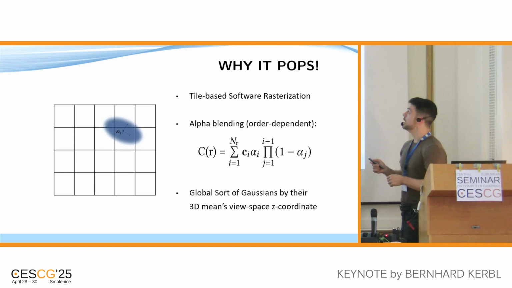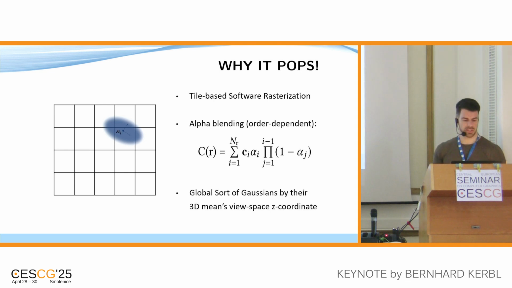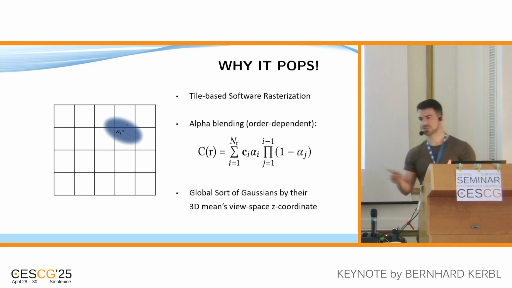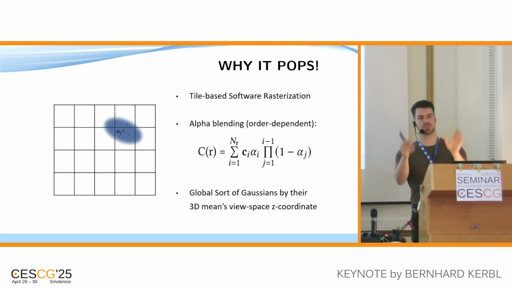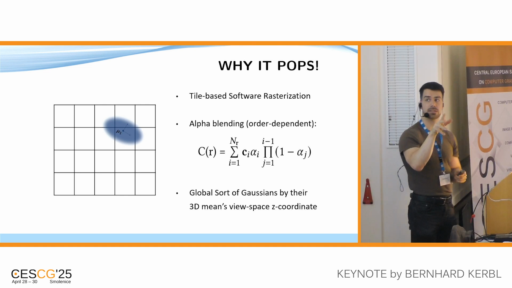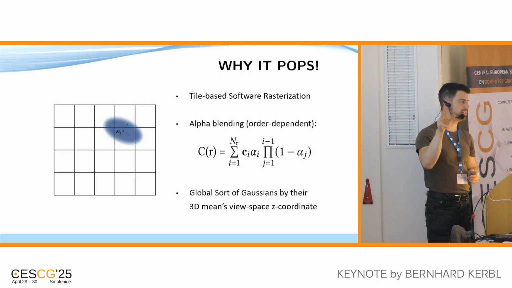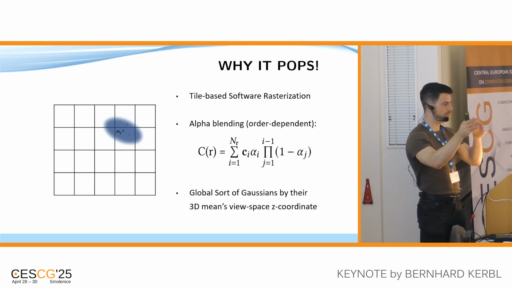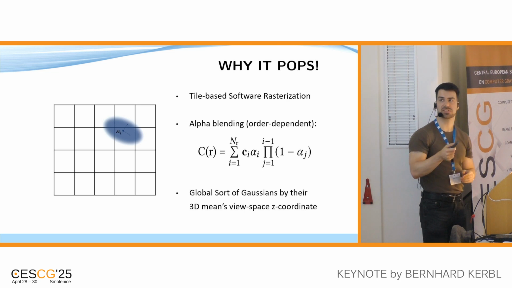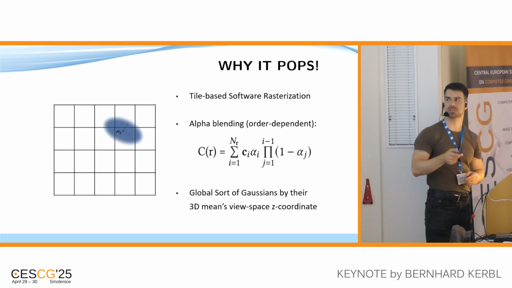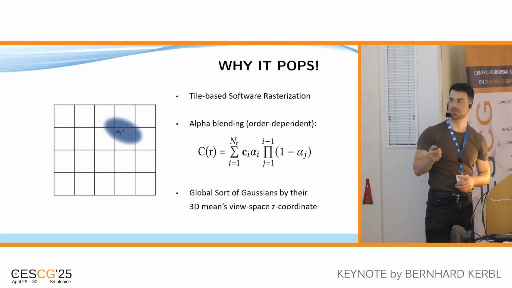So the rendering of the 3D Gaussian splats, much like your standard GPU pipeline, is doing it in tiles. Yeah? So every Gaussian, when it is being rendered, first of all, looks at the screen and subdivides the screen into individual 2D tiles, and then the Gaussians are sent to the tiles that they overlap with. And they basically go into a little queue for each individual tile, and then each tile processes that queue and blends the Gaussians according to the formula that you already see.